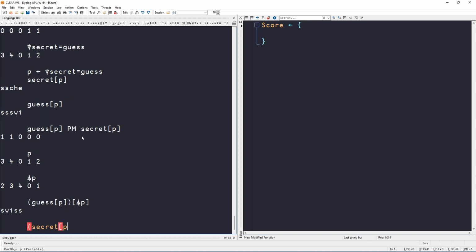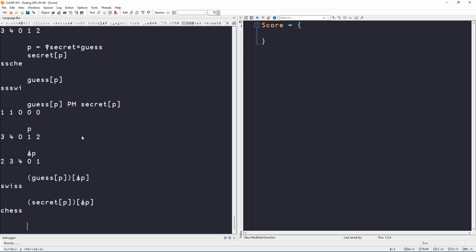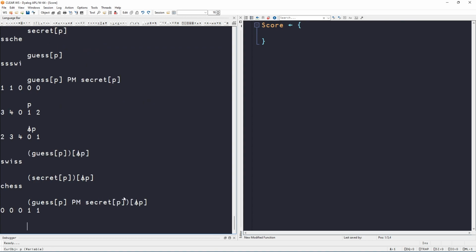And the same thing with the secret. Now we get the chess. So we are going to need this permutation vector to shuffle the secret and the guess around. Then we apply progressive membership, and then we reorder things with the inverse permutation.